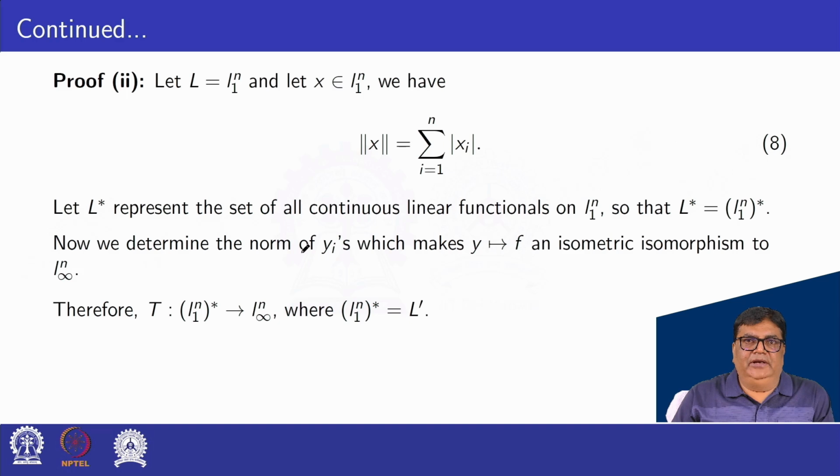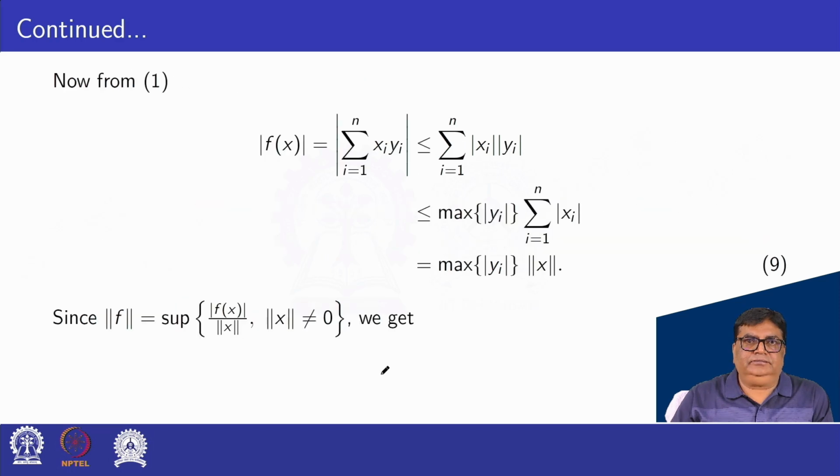Now we determine the norm of y, which makes f to y an isometric isomorphism to L infinity n. Therefore, T such that L1n star to L infinity n, where L1n star equal to L dash. Now from equation 1, mod fx equal to mod of summation i equals 1 to n xi yi.